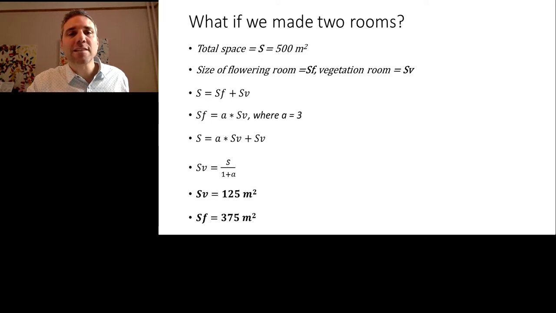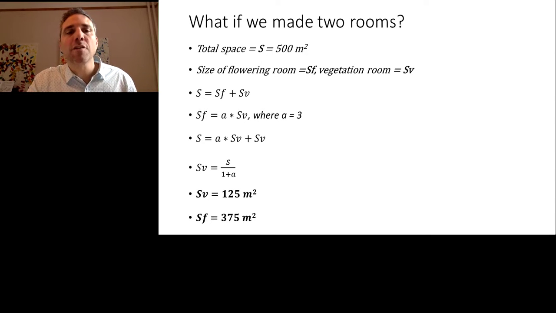I'm going to use some simple math, and the only reason I'm doing it is so I can show you some numbers to show you the actual increase in production.